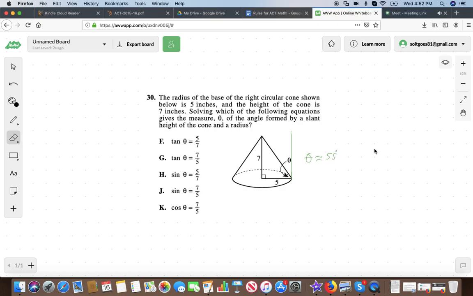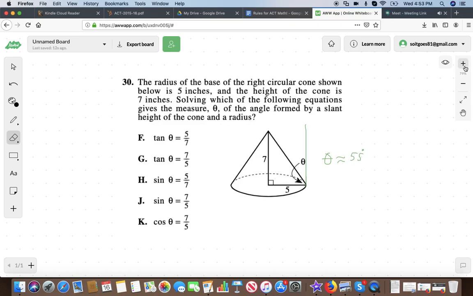All right, so let's find out what the tangent of 55 degrees is. You can find that out on your calculator. It is 1.4, which does not equal 5/7. I'm testing answer choice F here.